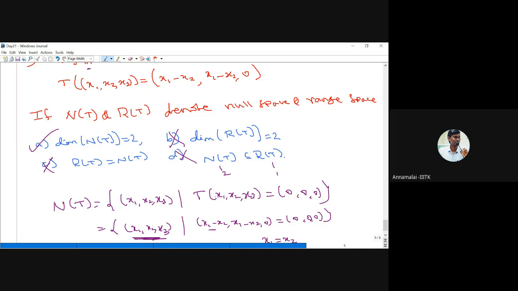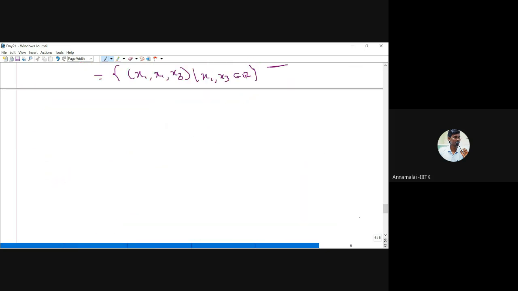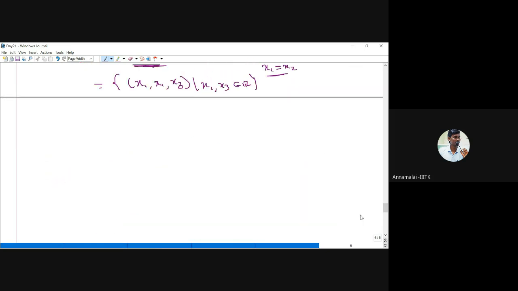Okay, now another question. Suppose rank of AB is 1, then what about rank of BA? Suppose A and B are 3 by 3 real matrices, the entries are real numbers, and the rank of the product AB is 1.